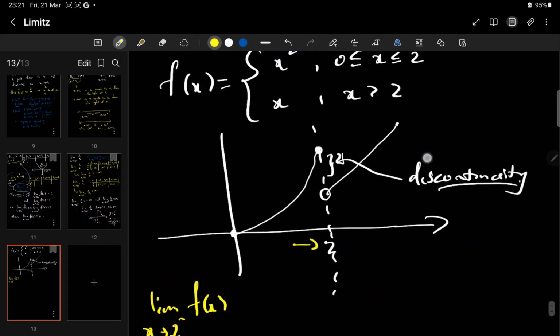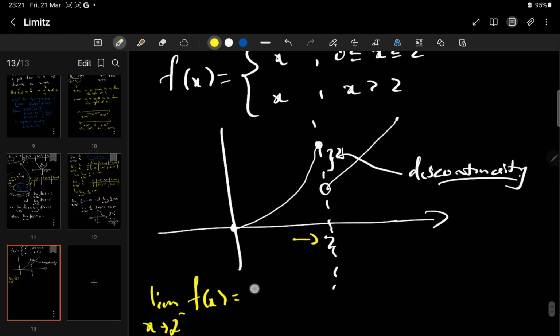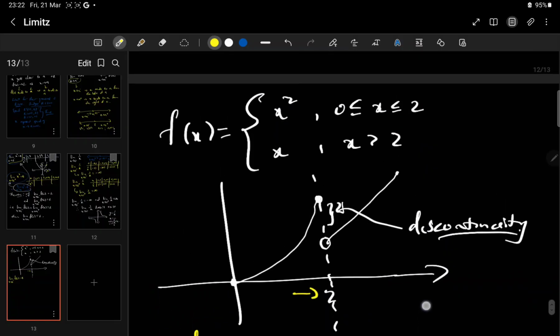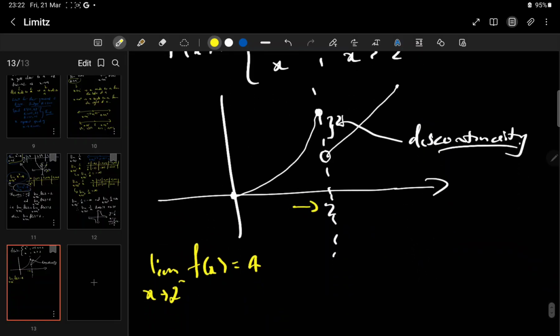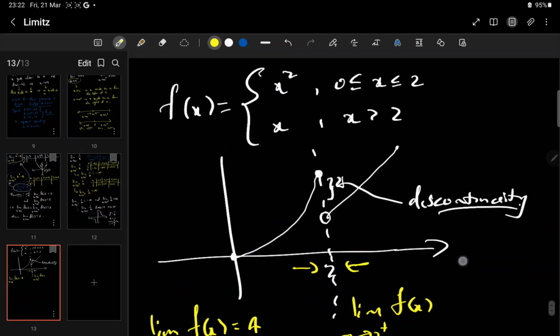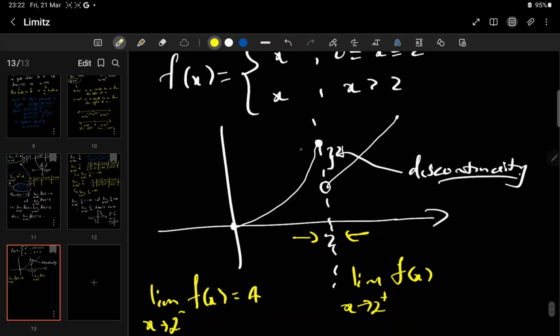and if we do that, we'll see that this will be 4 if you look at the graph. And if we take it from the right of f of x, we'll actually be using the linear graph, so the left is 4, and from the right this here will be 2, and this will be 2.